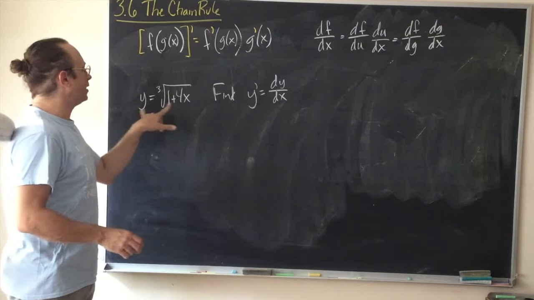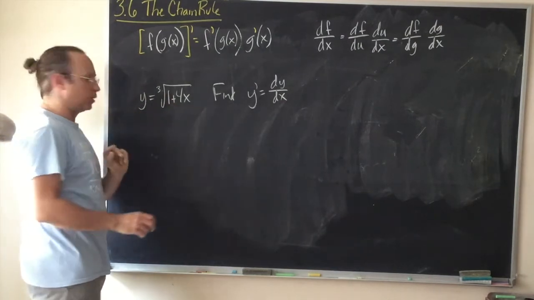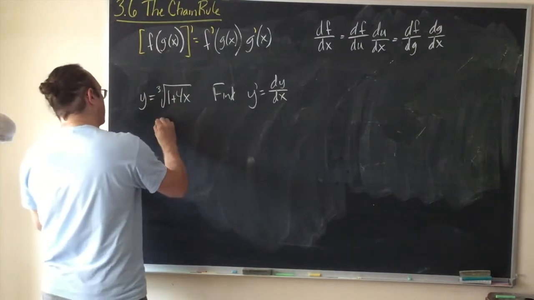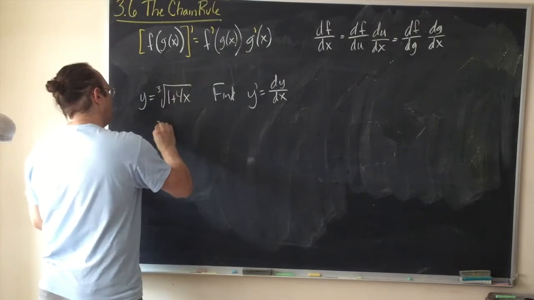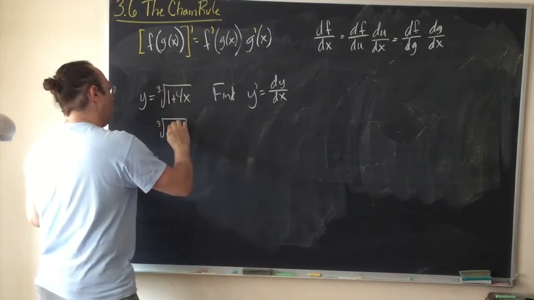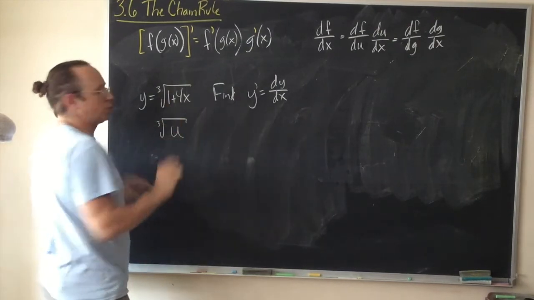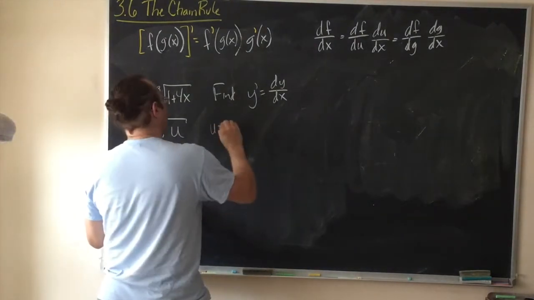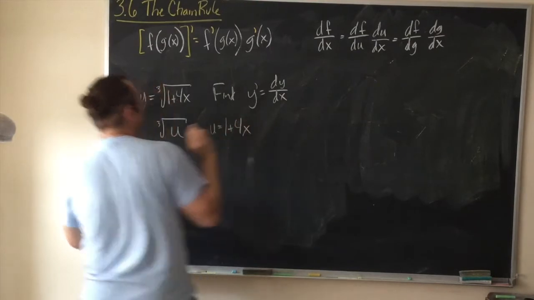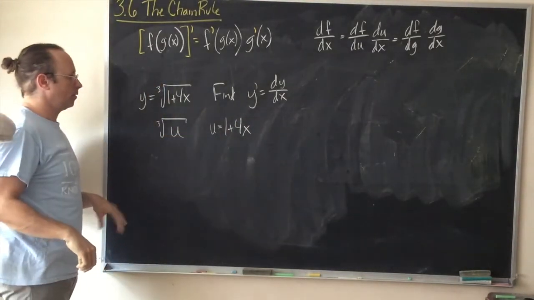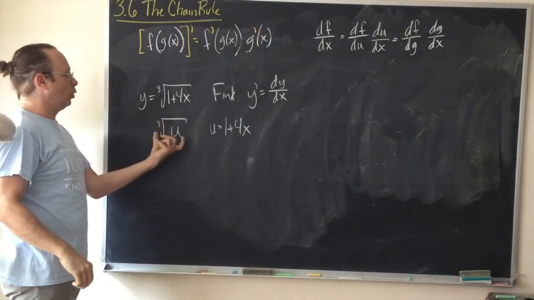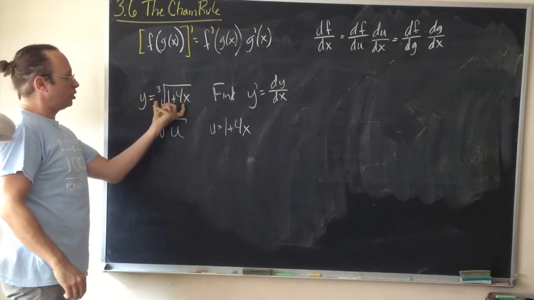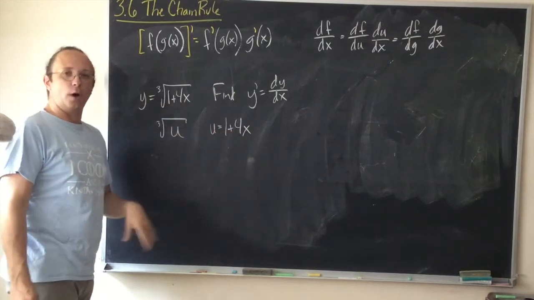All right, so if we look at this guy, this is actually two different functions. There's an outside function, which is the cube root of what's on the inside, which I'll call u for now. And then the u on the inside is 1 plus 4x. So we've got the u is the outside function, and then we've got the inside function, 1 plus 4x.